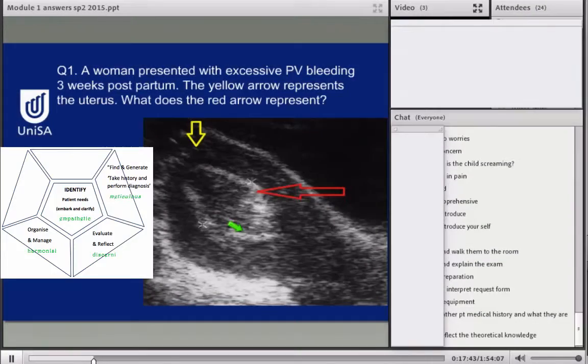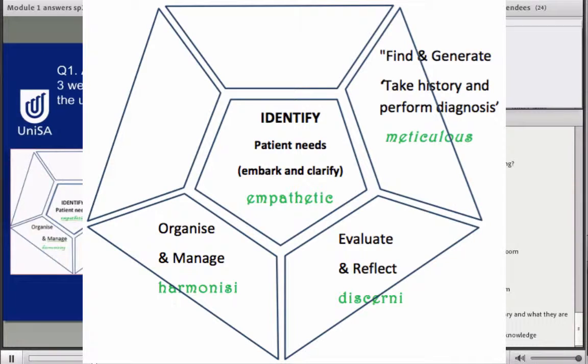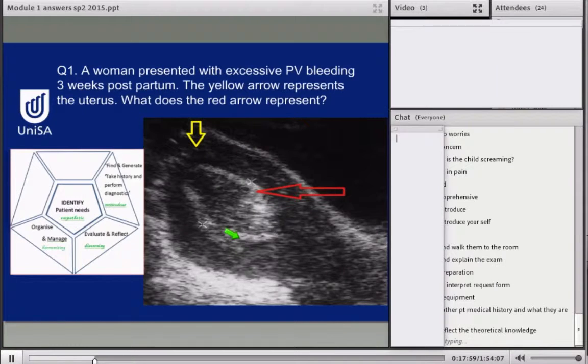So then you start organizing and managing all the data you've gathered. Try to order your ideas, prioritize, and in your own head, you have to make sense of the whole picture. So look at what information was given to you in the beginning, what information you found with your own scan, and try to put everything together.